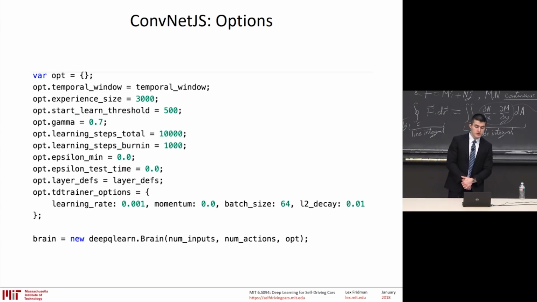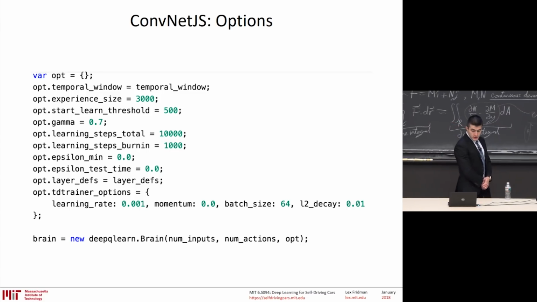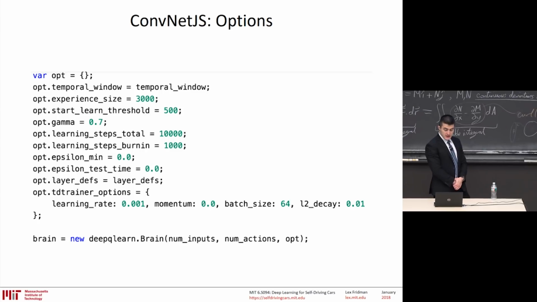And there are a lot of more specific parameters, some of which I've discussed, from gamma to epsilon to experience replay size to learning rate and temporal window, the optimizer, the learning rate, momentum, batch size, L2, L1 decay for regularization, and so on.